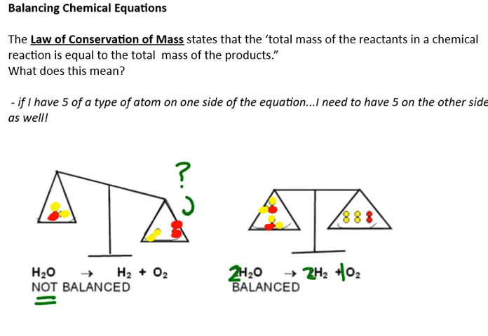This matches the reactant side that has 1, 2, 3, 4 hydrogens and 2 oxygens. So this is now a balanced equation. This is balanced because we see that we have 2 oxygens before and 4 hydrogens, and on the after side of the arrow, on the product side, again there are 2 oxygens and 4 hydrogens. When the amounts are the same before and after, this is considered to be balanced.